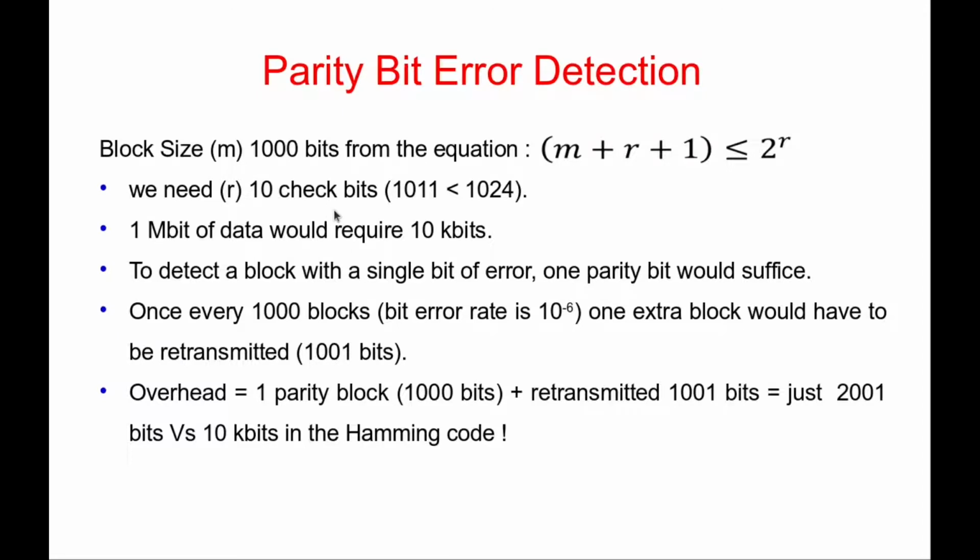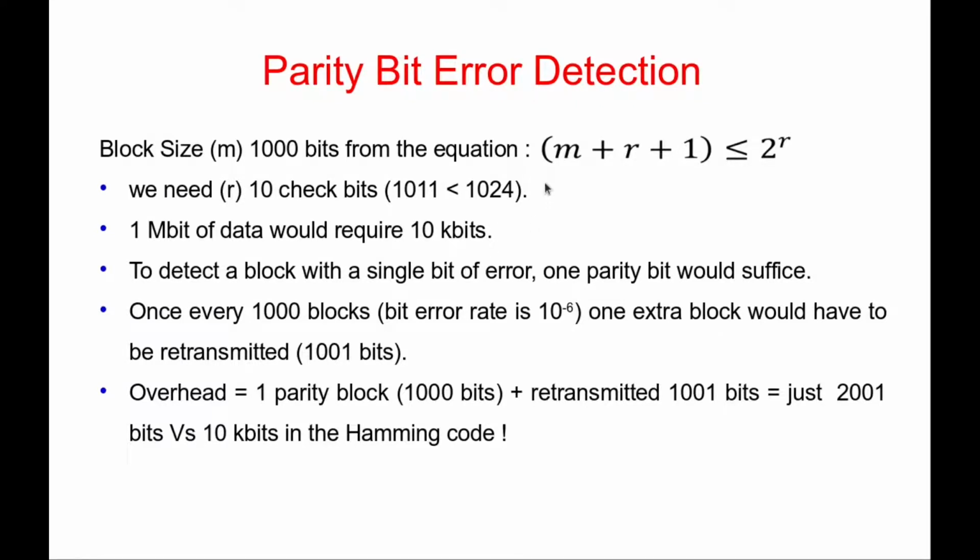So in the case of parity code or parity bit error detection, there is a very important equation that you have seen in the previous lecture or the previous video. I will appreciate it if, in case you don't know this, you go and first visit that video, get the meaning of this particular equation from there, and then come here.